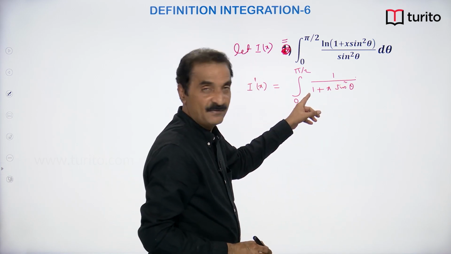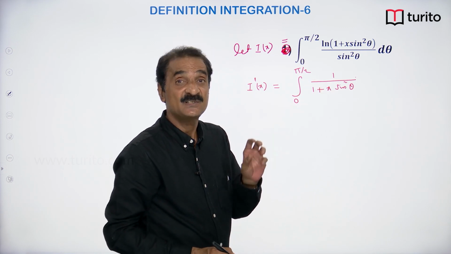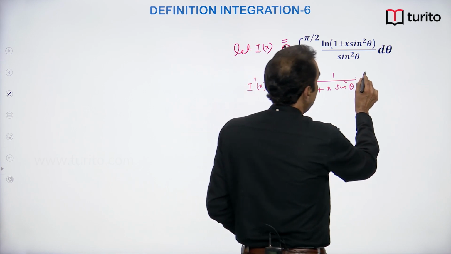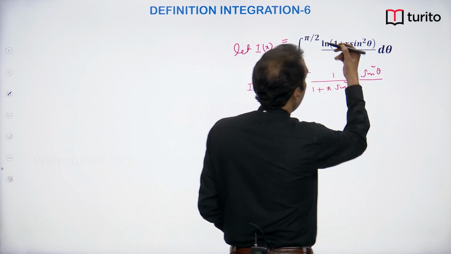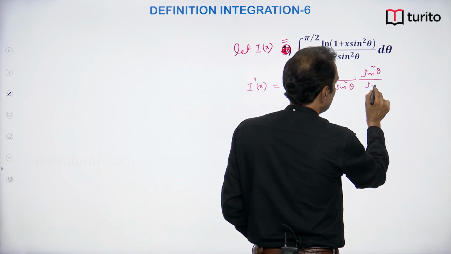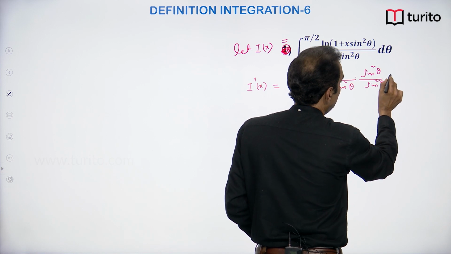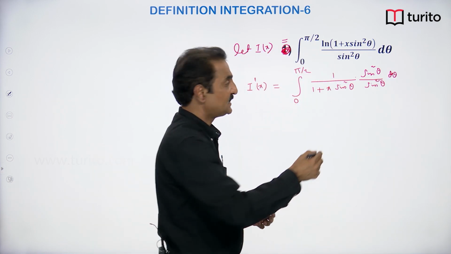The derivative of 1 is 0, and the derivative of x sin square theta with respect to x is sin square theta. So into sin square theta, and the denominator remains as it is, sin square theta, d theta. Now what happens? Sin square theta cancels.